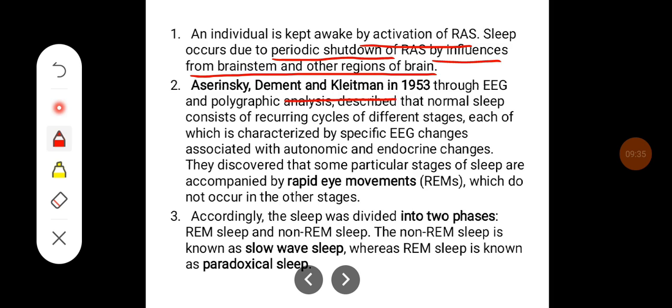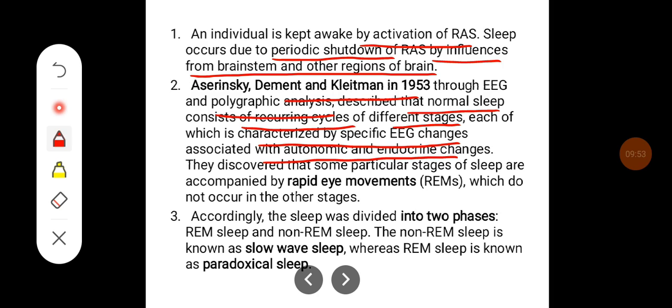Aserinsky, Dement, and Kleitman in 1953, through EEG and polygraphic analysis, described that normal sleep consists of recurring cycles of different stages, each of which is characterized by specific EEG changes associated with autonomic and endocrine changes.